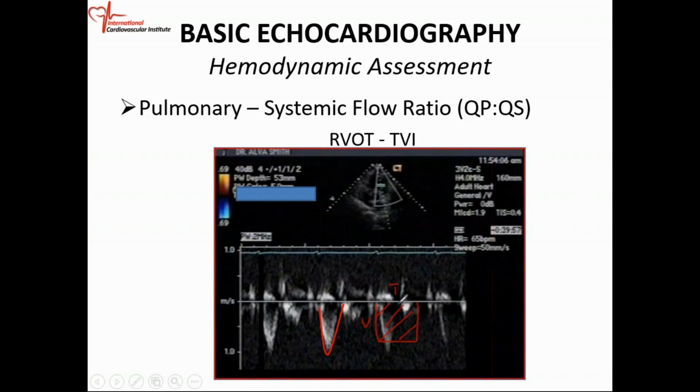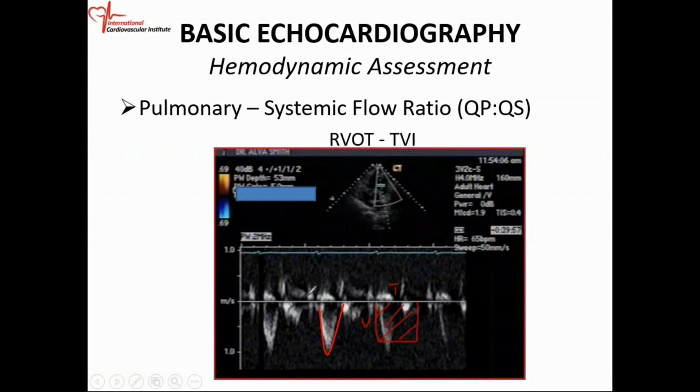The area under the curve is the time multiplied by the velocity. Velocity is meters per second, time is in seconds, so when you multiply them, you get a distance, meters, which is the area under the curve. You integrate it.